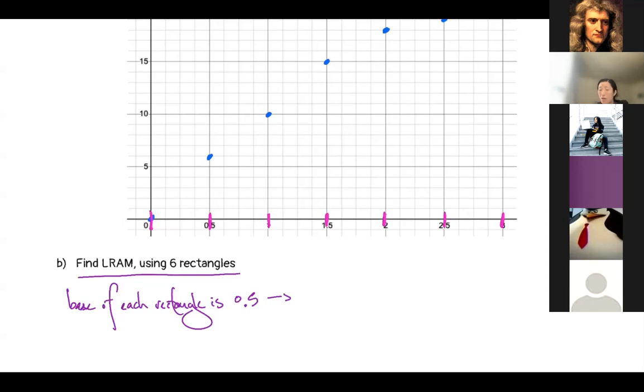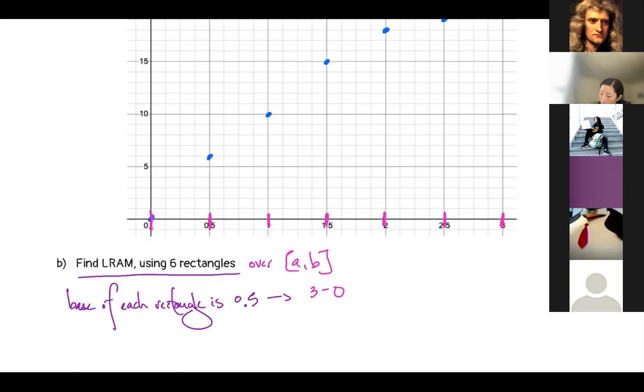But how could I find this just from the equation? That's an important question to ask yourself. How do I find this if I don't have a picture? Well, what you can do is take the interval that you're looking at, over the interval from A to B. You take the last number, which is 3, and subtract the first number, which is 0.